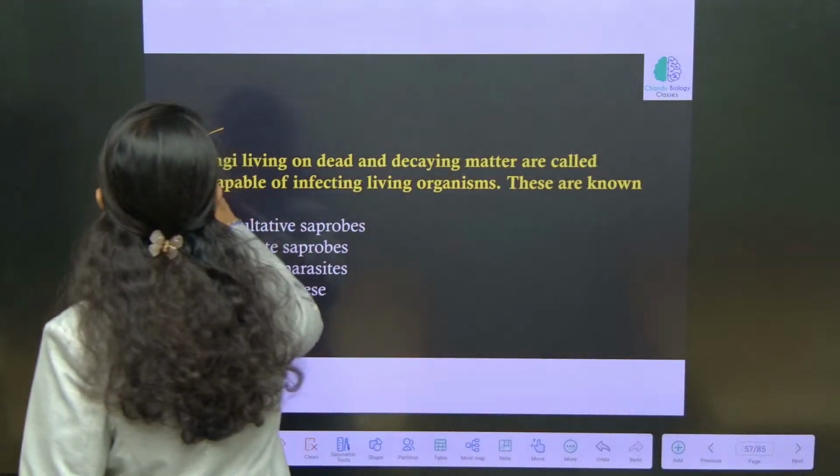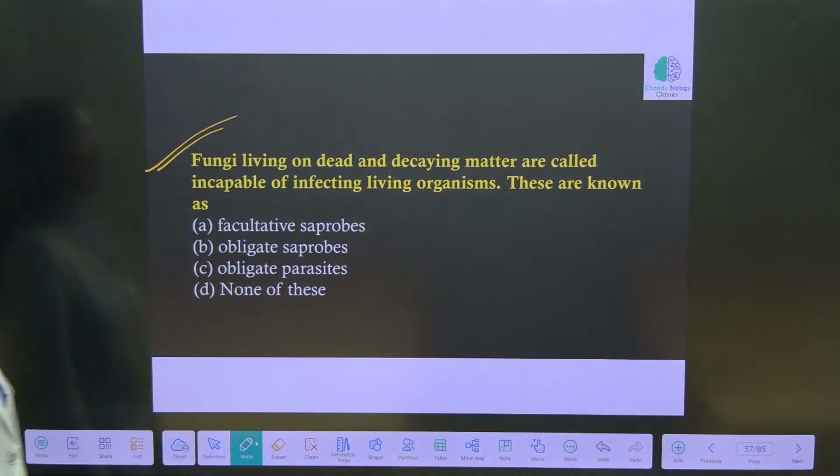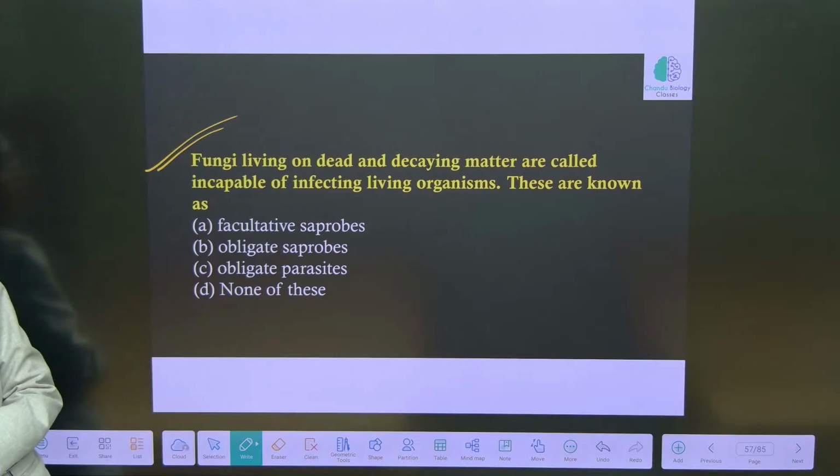Next is fungi. Fungi living on dead and decaying matter, incapable of infecting living organisms, are known as... what is their main mode of nutrition? Of course, all fungi rely on the heterotrophic mode of nutrition. But in heterotrophic, what is the exact mode of nutrition that fungi rely on?